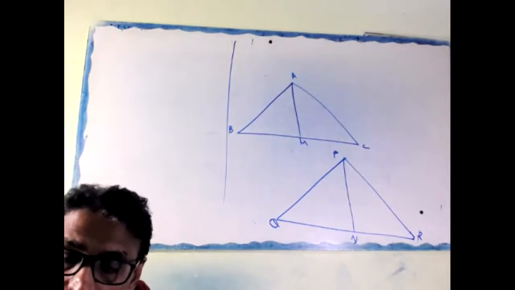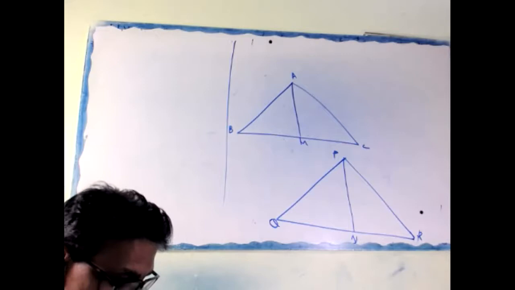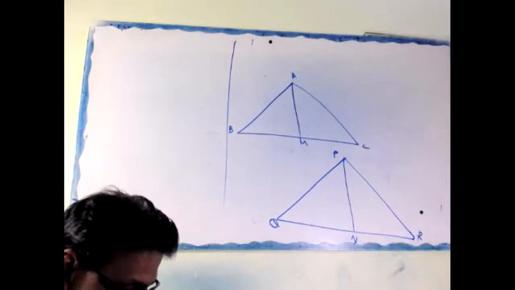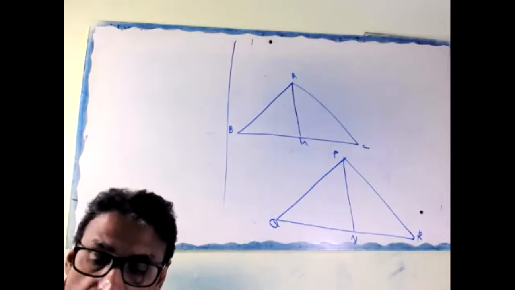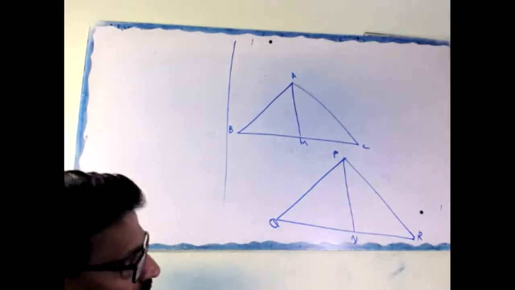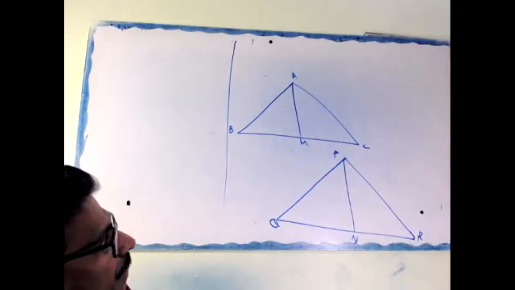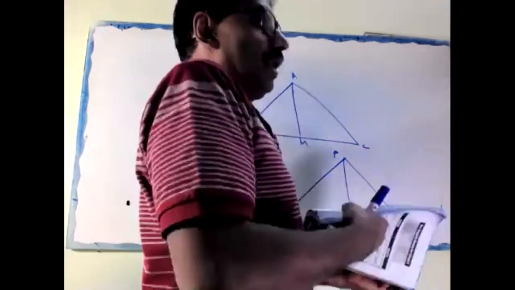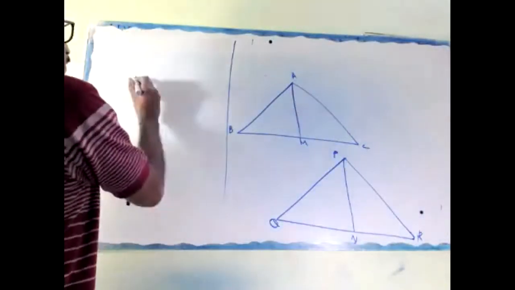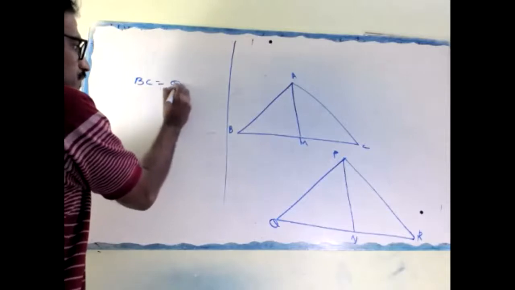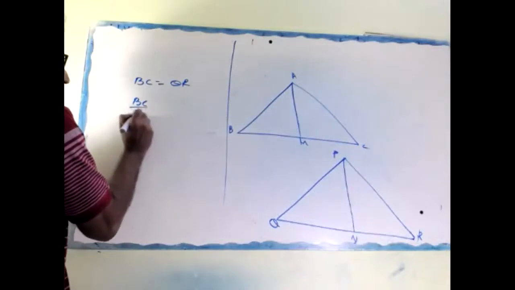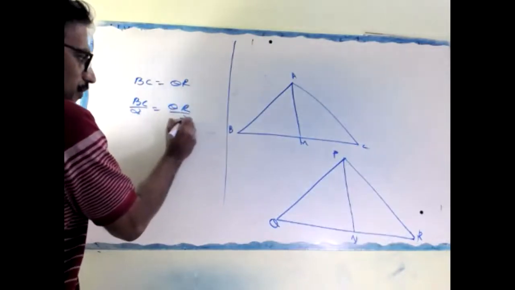Okay, this is your reader question. In last class, in your test, you did this question. If not getting, look at here. It starts with BC equal to QR. BC equal to QR, so BC by 2 equal to QR by 2.